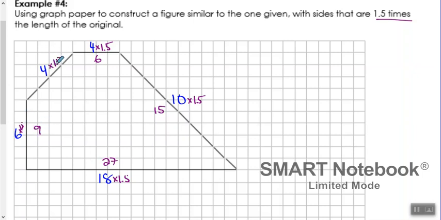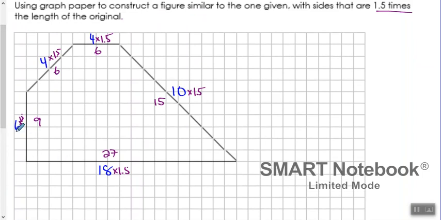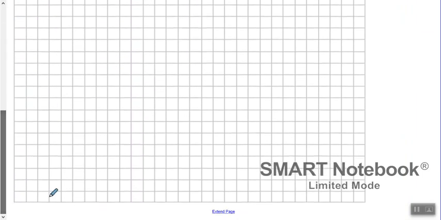And 4 times 1.5, we've already done, 6. So we're going to be making this lower, and we're going to put this corner right in the corner here, to make sure that we have enough room just in case.